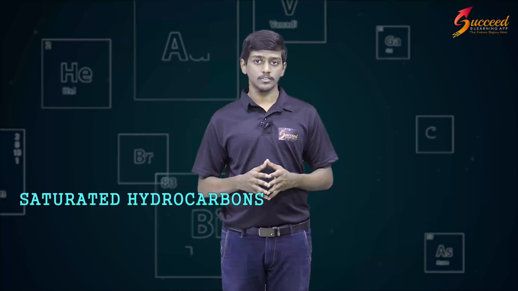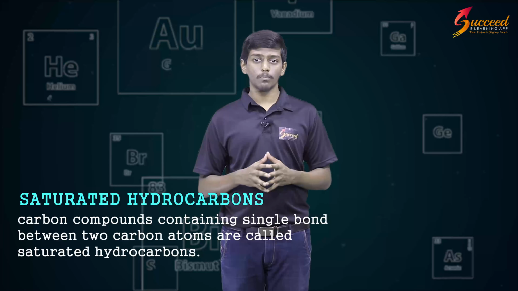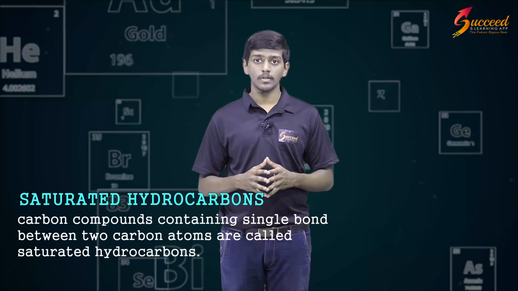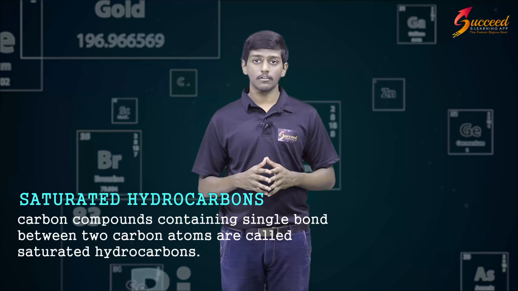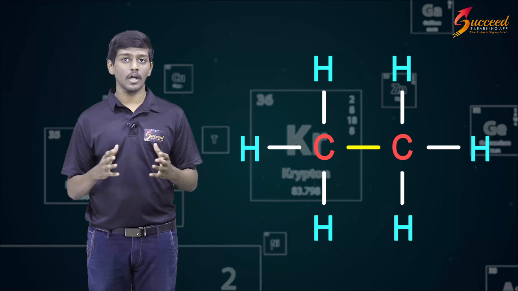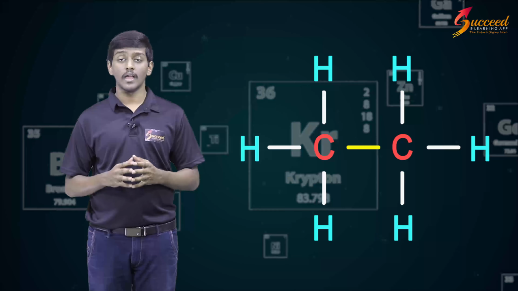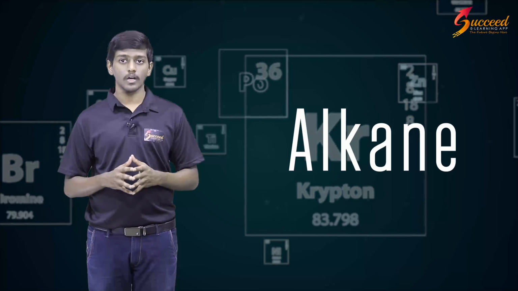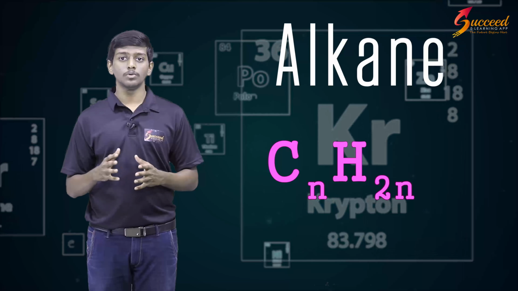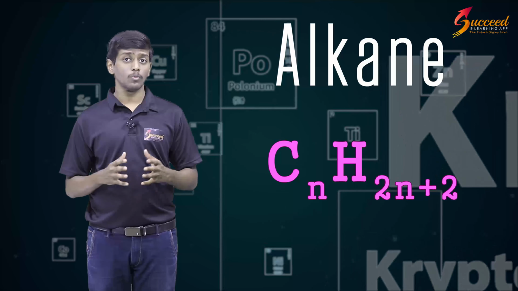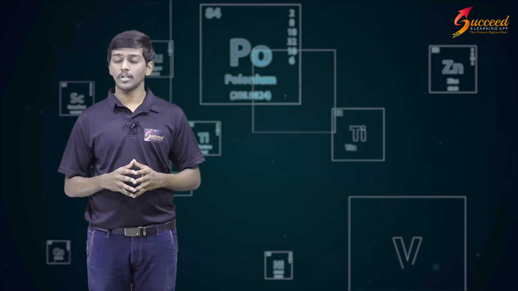Saturated hydrocarbons. Carbon compounds containing single bond between carbon-carbon atom are called saturated hydrocarbons. When there is a single bond present in carbon compound, they are called alkanes. They satisfy the general formula CnH2n+2. They are quite less reactive when compared to unsaturated hydrocarbons.